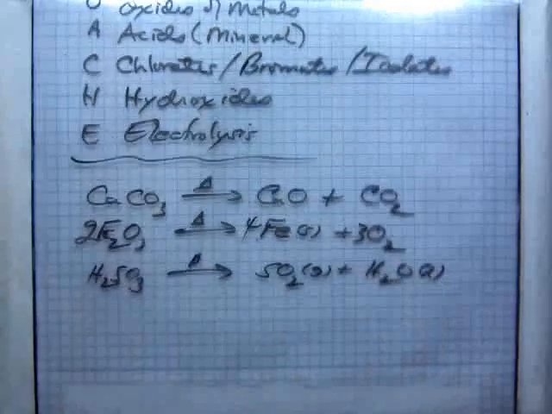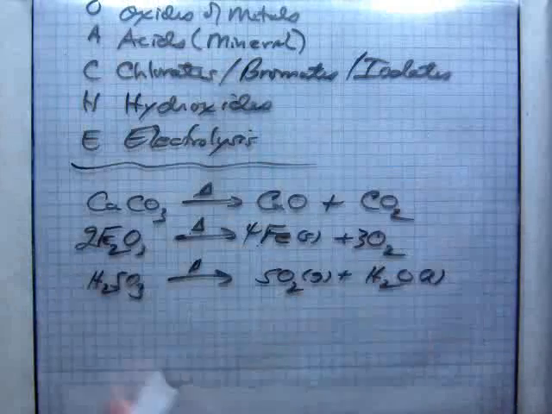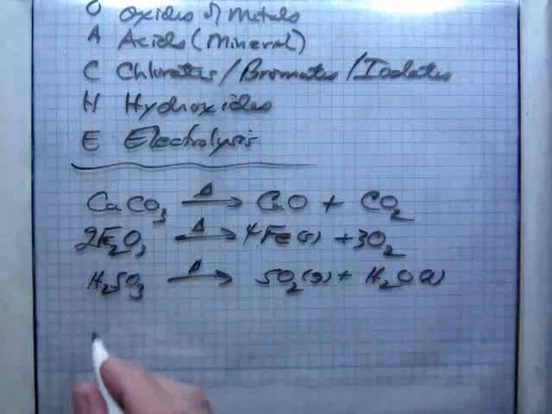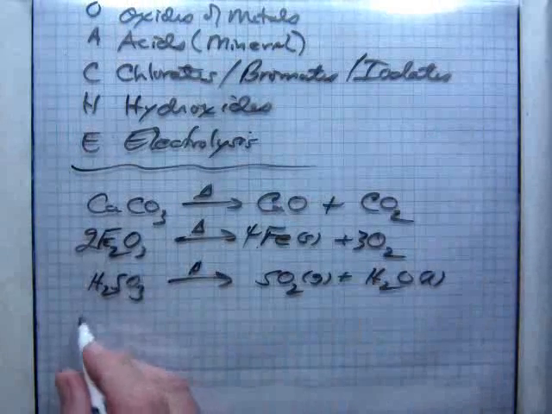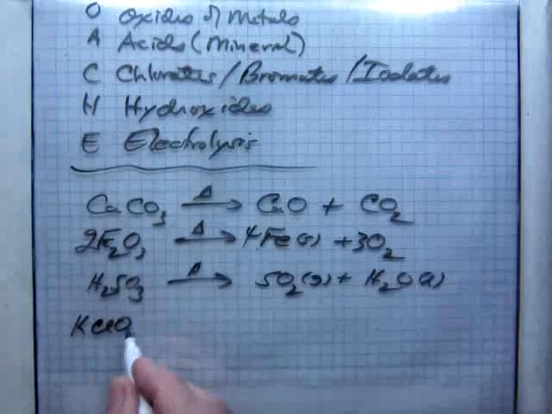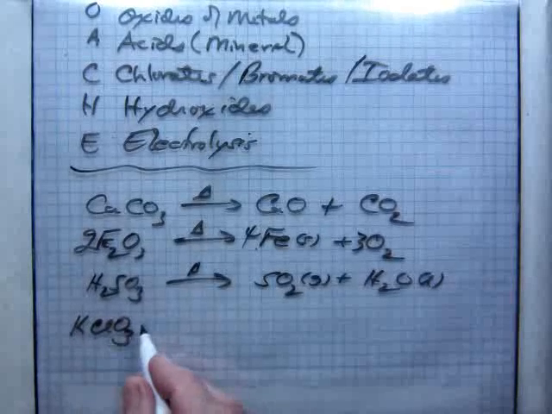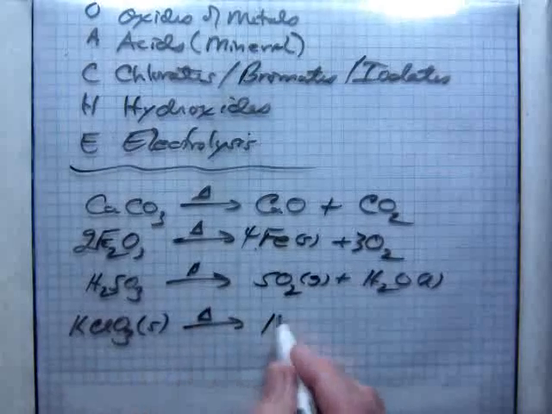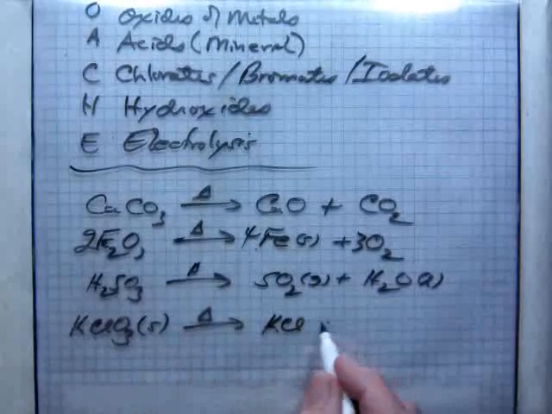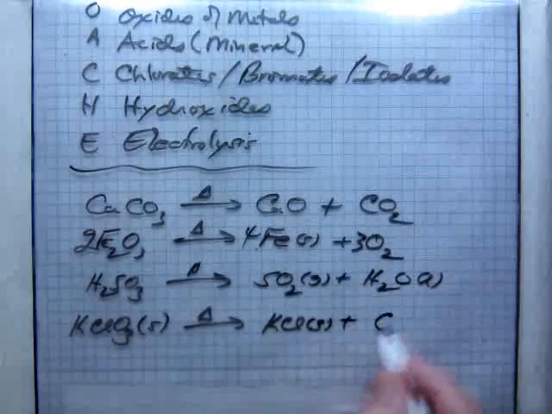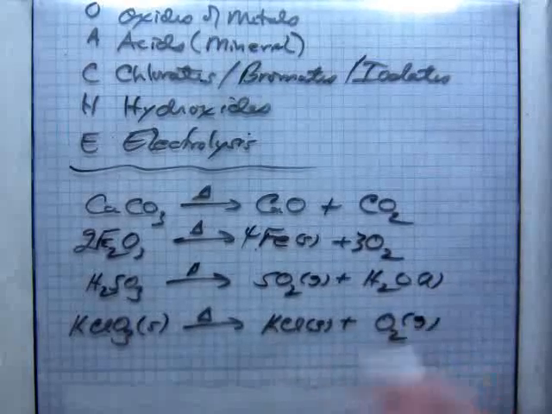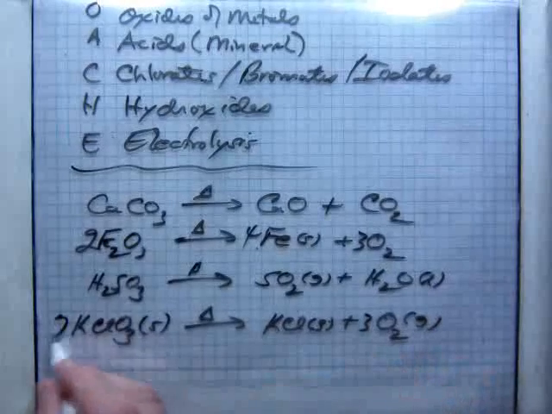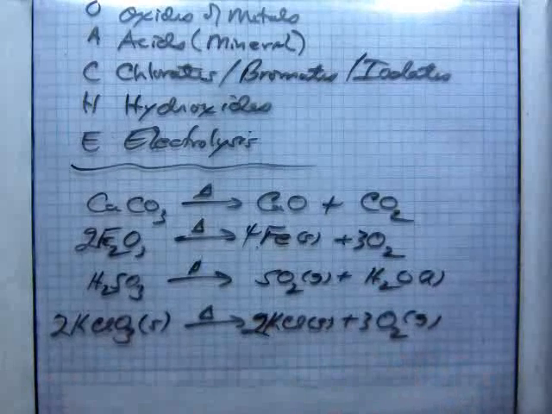And then the next one is the chlorate. A chlorate is something like potassium ClO3. That's potassium chlorate as a solid. If you heat this, it goes to salt, KCl, as a solid, plus oxygen, O2 as a gas, with coefficients 2, 2, and 3. Now, I'm leaving it to you to study this.